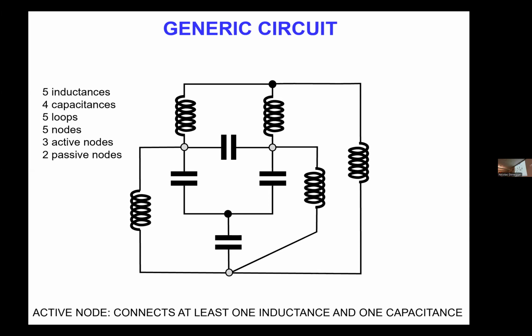Now you see there are in this circuit 3 active nodes, which are marked in white here. What does it mean, an active node? It's a node in which you have capacitances that meet inductances. So these nodes here are not active because at this node you have only inductances that meet, and here you have only capacitances.